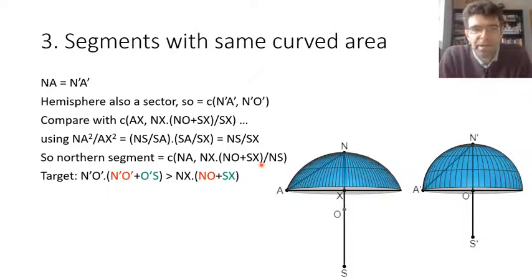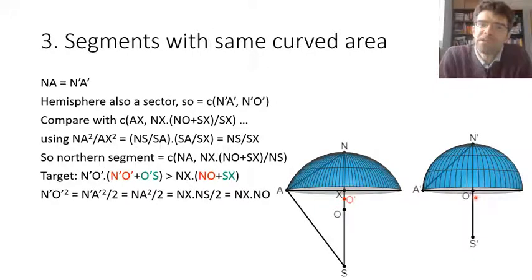And the key point here is that NO dash, if we look over at the hemisphere, is equal to N dash A dash squared over 2, which, going back to the other image, is NA squared over 2. NA we know is NX times NS, so NA squared over 2 is going to be NX times the radius.